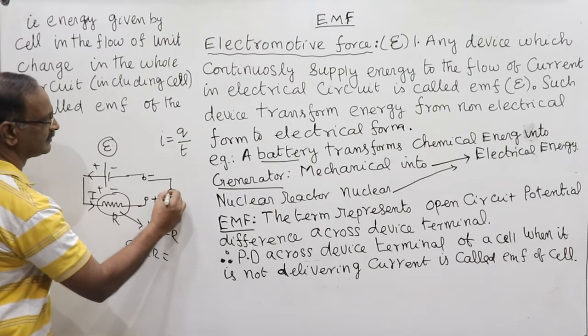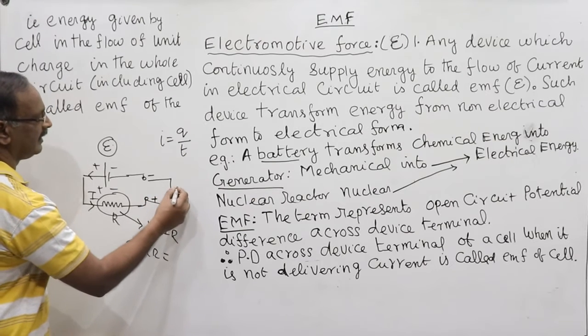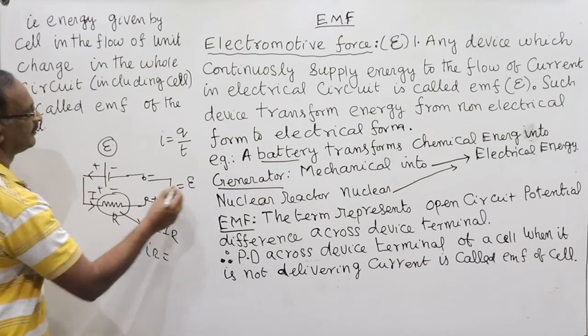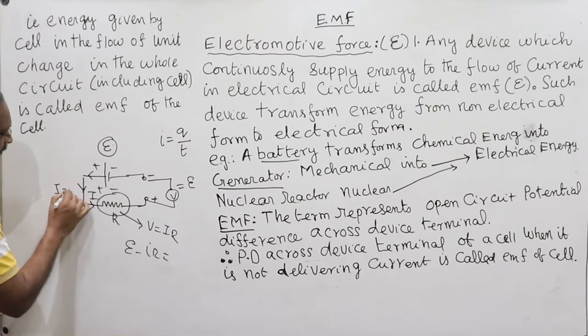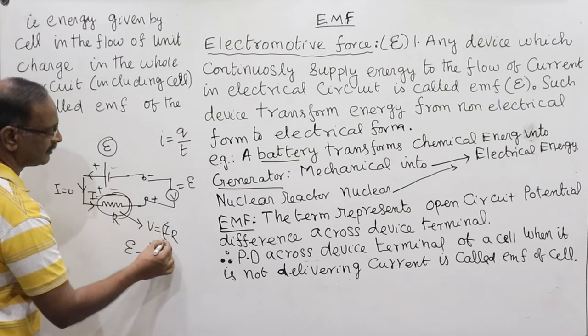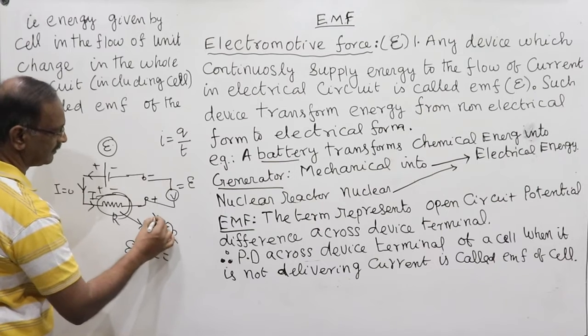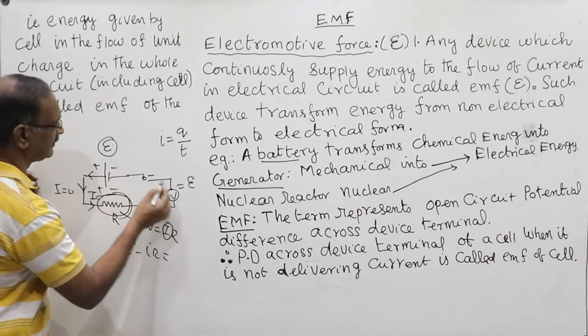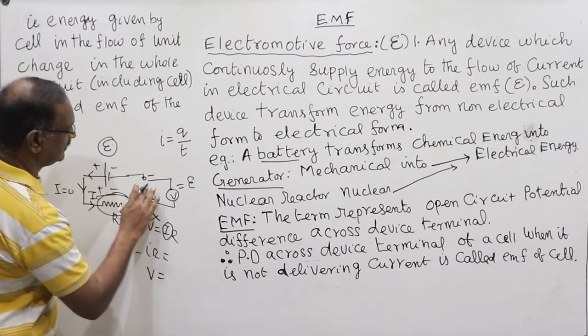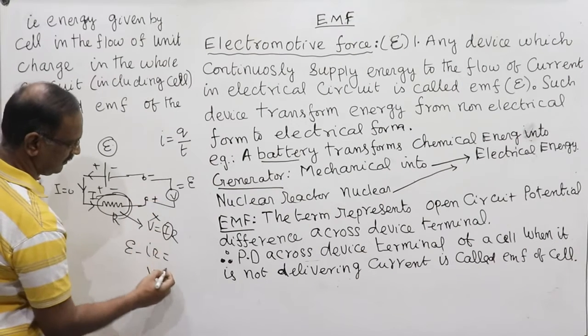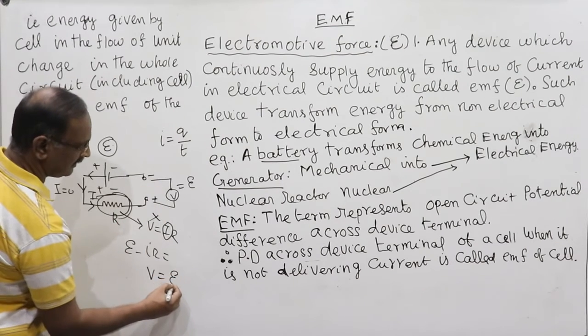If we measure the voltage between them, it will show the EMF. Why? Because the current is equal to 0, so no voltage drop occurs. Whatever voltage is available across this open terminal is equal to the EMF of the battery.